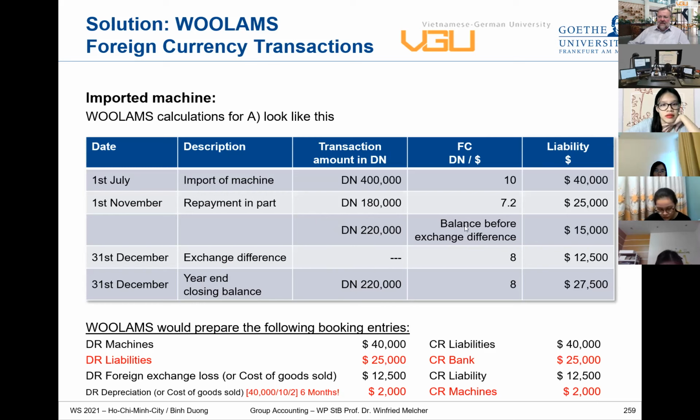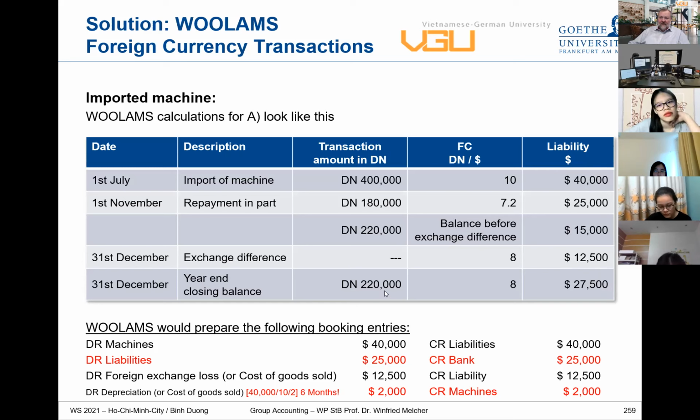But when we look at the balance before any exchange rate differences, we would see that we have a liability originally of 40,000. We repaid in part at a transaction rate of 7.2. So we repaid 25,000. And in the end, at the year end, we have a balance before exchange difference of 15,000. So now we have to look at what is the real liability.